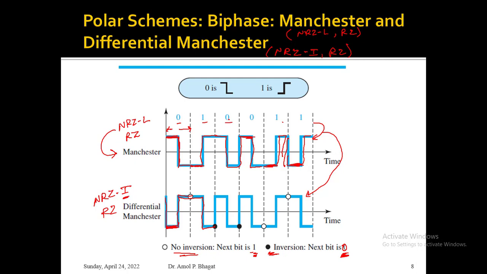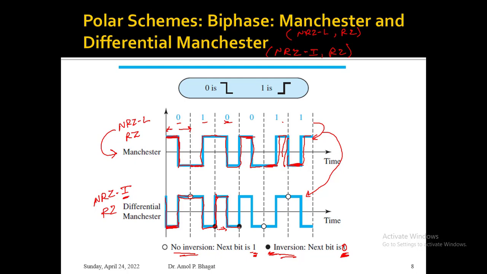While the next bit is 0, so you have to perform the inversion, and the signal is inverted here. If the next bit here was 1, the signal would continue in this direction. But as the next bit is 0, the signal is inverted here, right? Again the signal will return to 0.